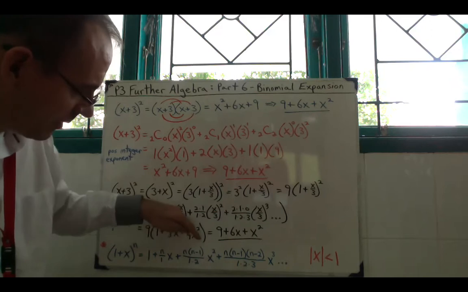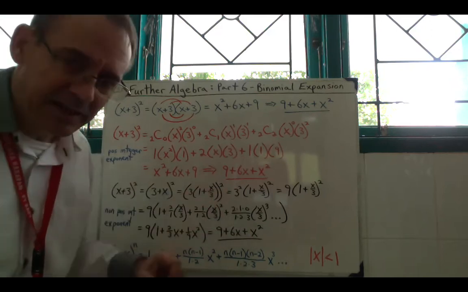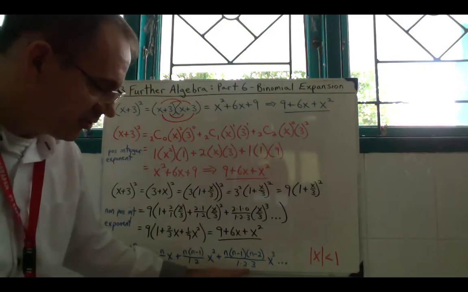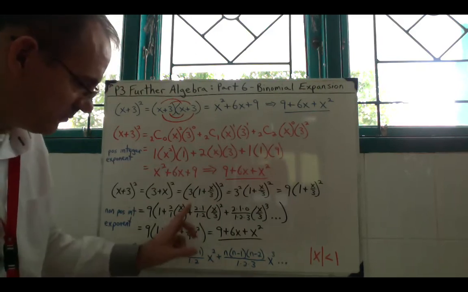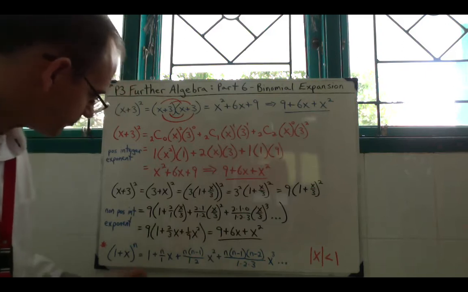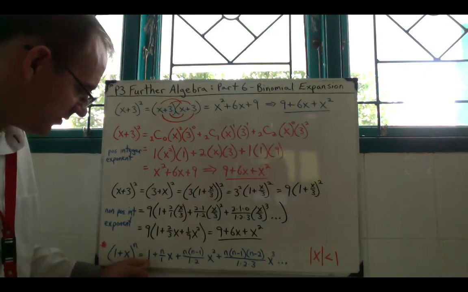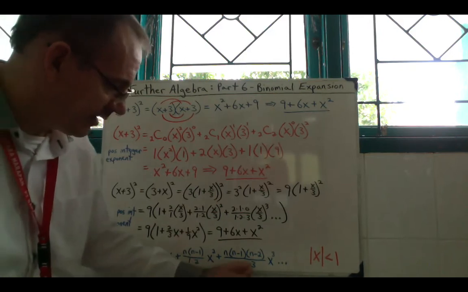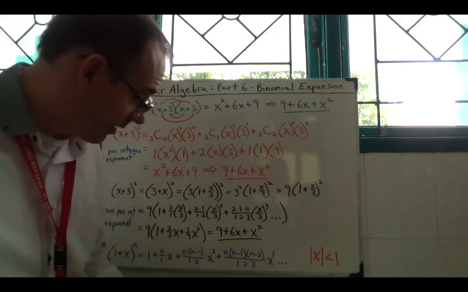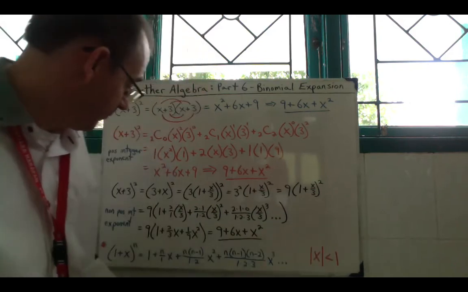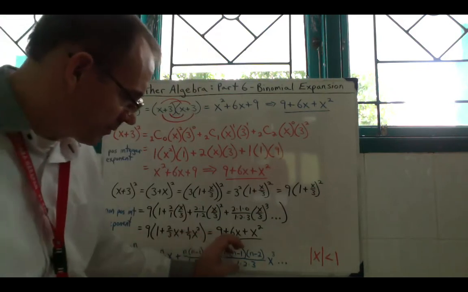So this top number is decreasing by 1, and the bottom number is increasing by 1. So 1 times 2, 1 times 2 times 3. And your x term, whatever the x term happens to be, to the 0 power, first power, second power, and third power. And it continues on indefinitely. Okay, so this is the formula that we're using.